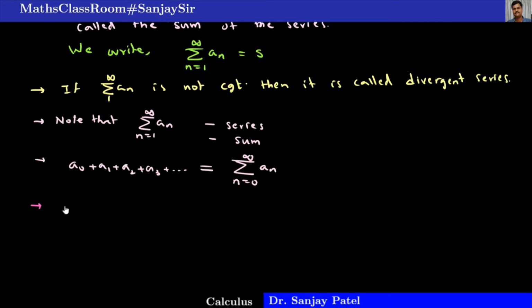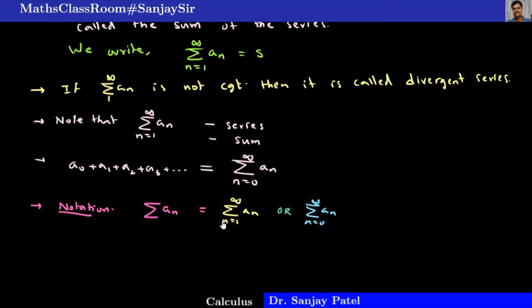In short, we can use this notation sigma an, simply sigma an only, for both the things, like sigma n is equal to 1 to infinity an, or sigma n is equal to 0 to infinity. So this symbol we use for a series, whether it is starting with the subscript 1 or subscript 0.